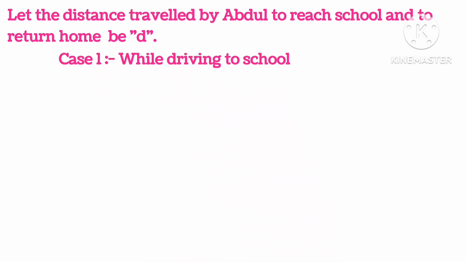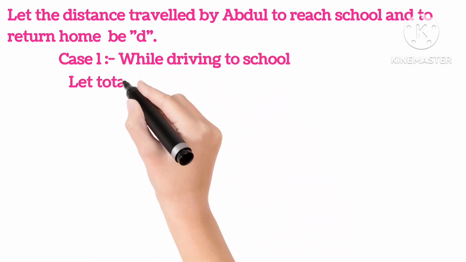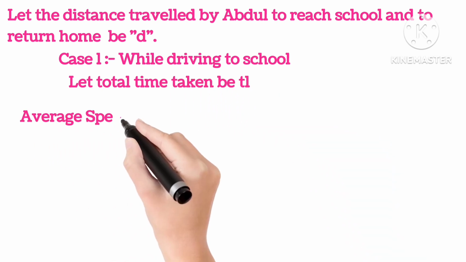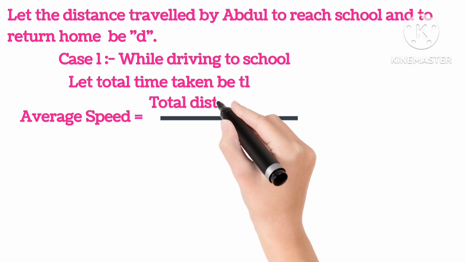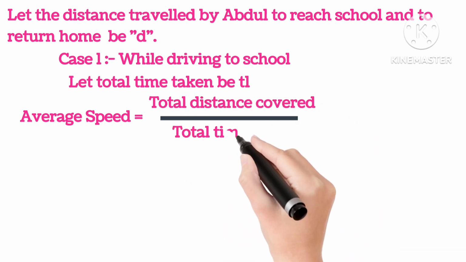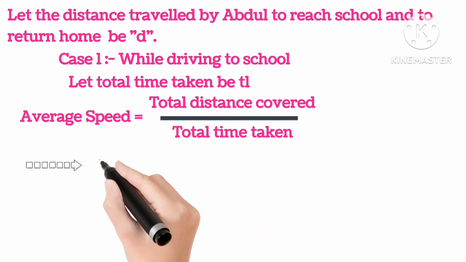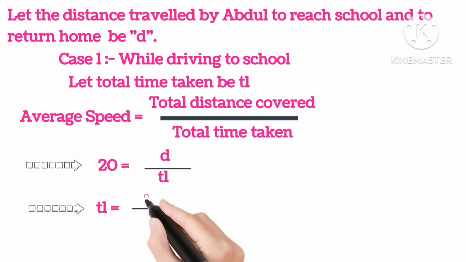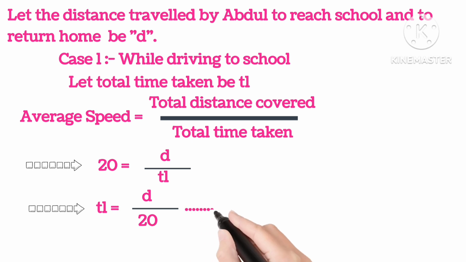In case 1, while driving to school, let the total time taken be t1. So average speed is equal to total distance upon total time. So we know the average speed here is 20. So d upon t1, so t1 will be d upon 20. This is our first equation.